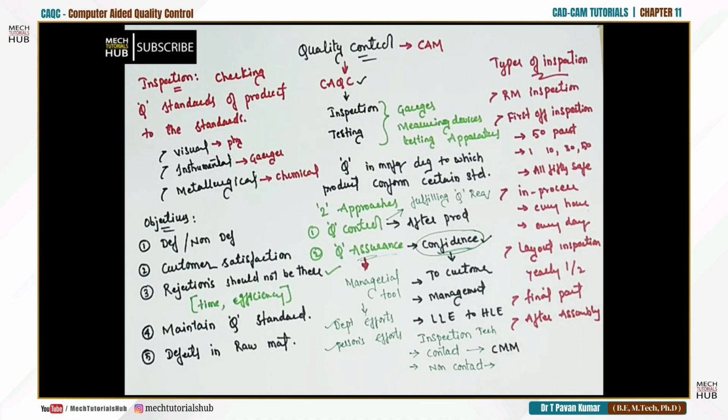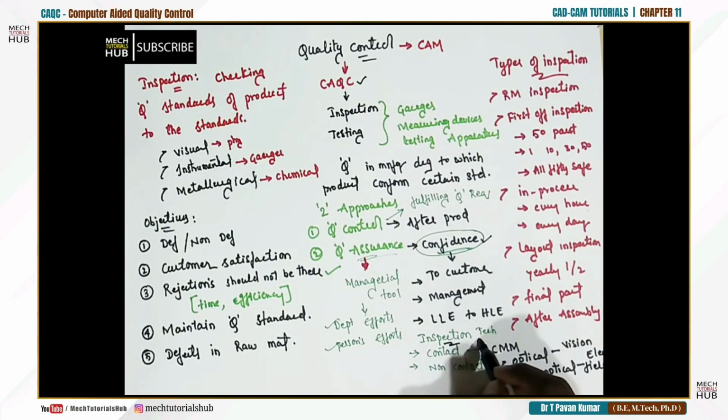By using a probe, we inspect the component. Non-contact inspection methods are again divided into two categories. The first one is optical, and the second one is non-optical. Optical is based on vision systems and non-optical is based on electrical fields. This is how it got divided.